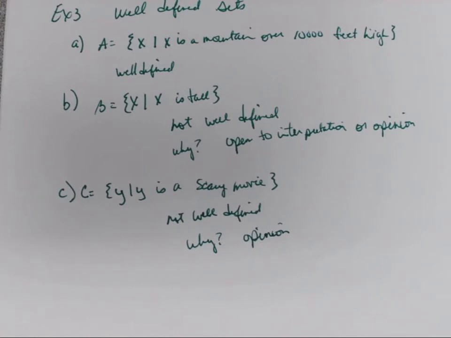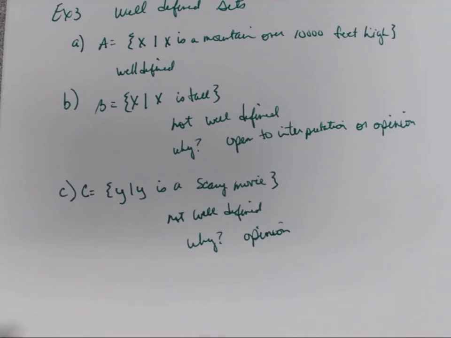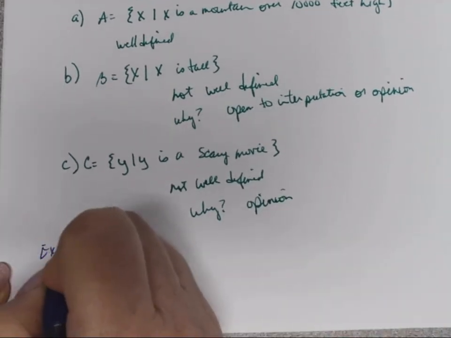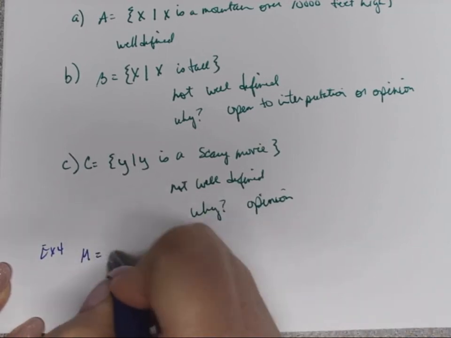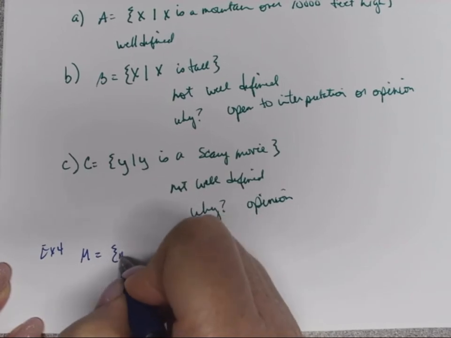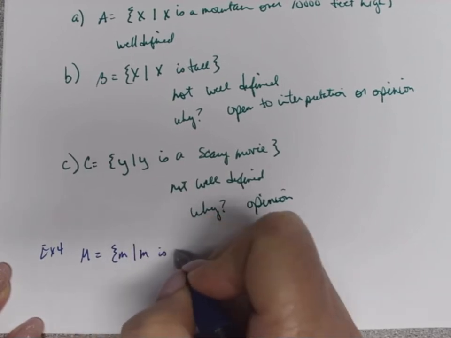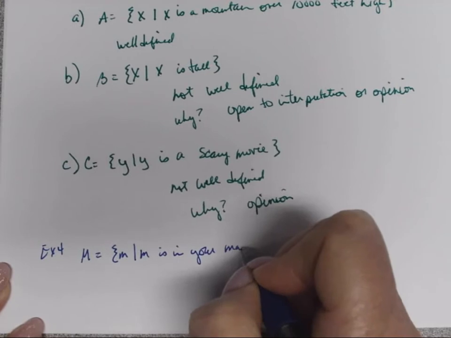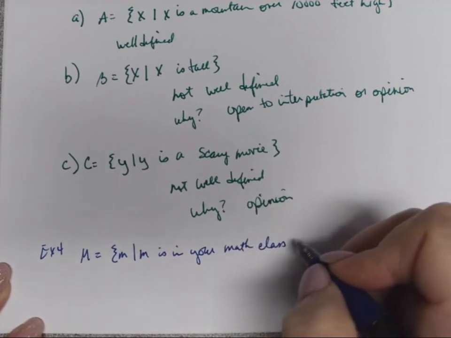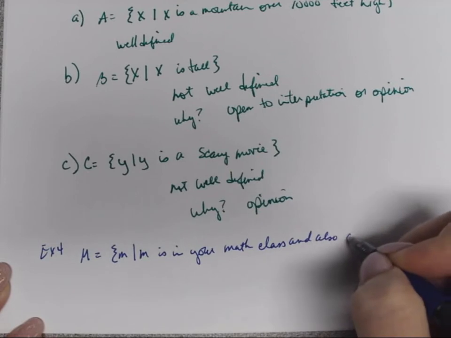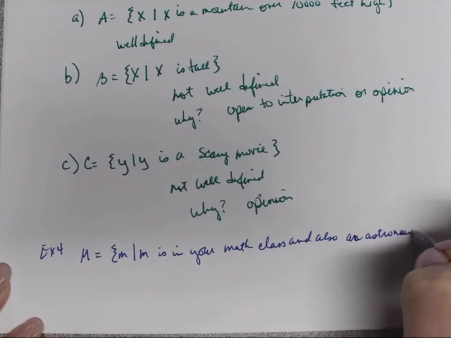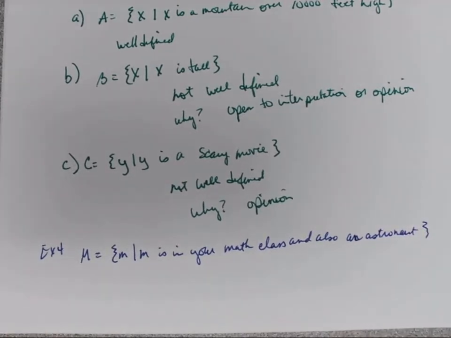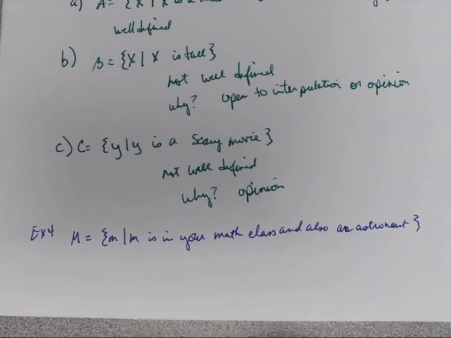All right. Let's look at example 4. So if we're looking at example 4, and we have M is equal to the set of M such that M is in your math class and also an astronaut. So we're looking to see, does this exist?